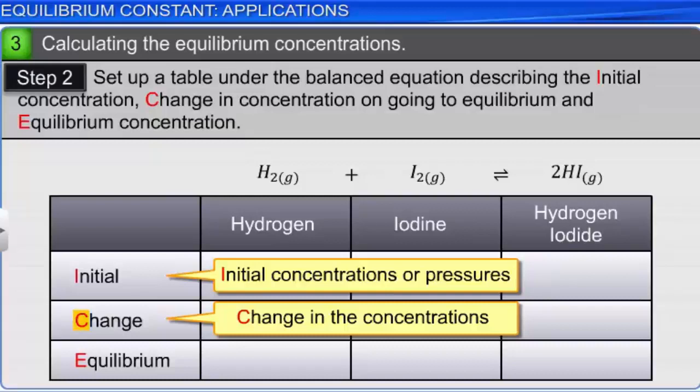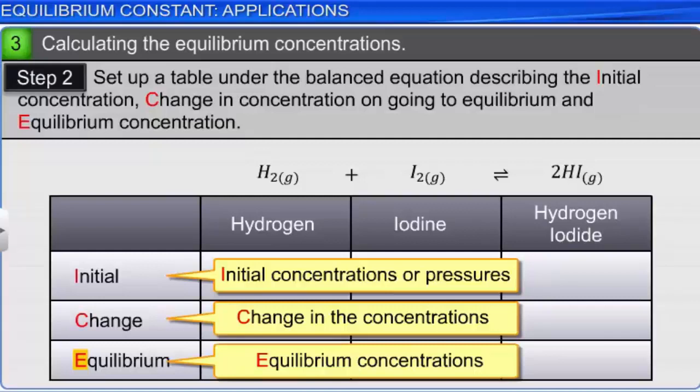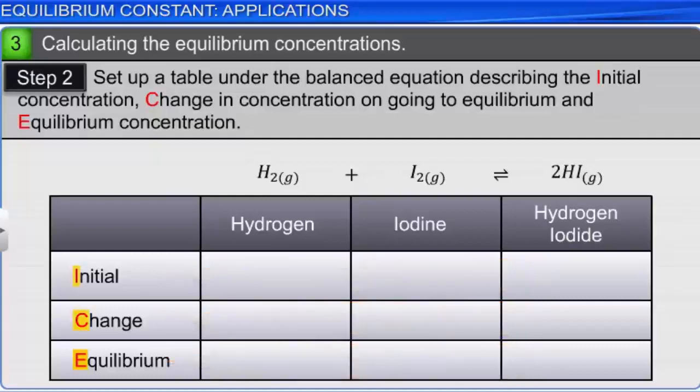E represents the equilibrium concentrations or pressures of each species when the system is in a state of equilibrium. In constructing the table, use X to show the change in concentrations of the species. Use the stoichiometry of the reaction to determine the concentrations of the other substances in terms of X.